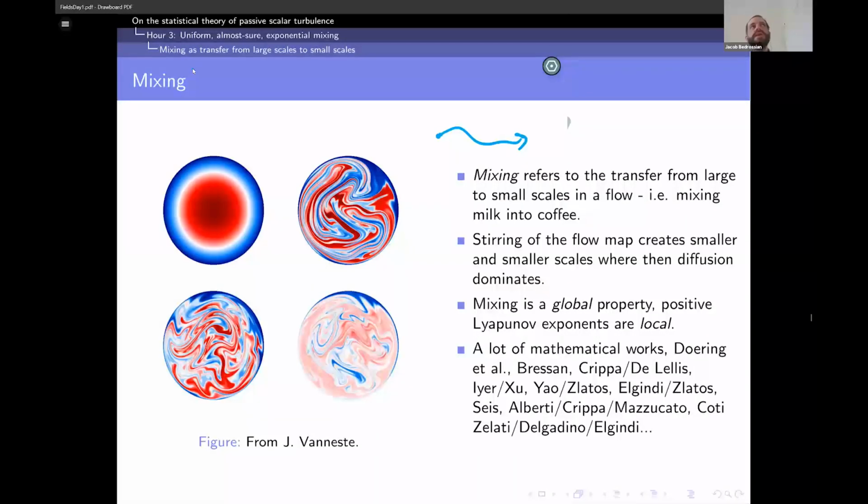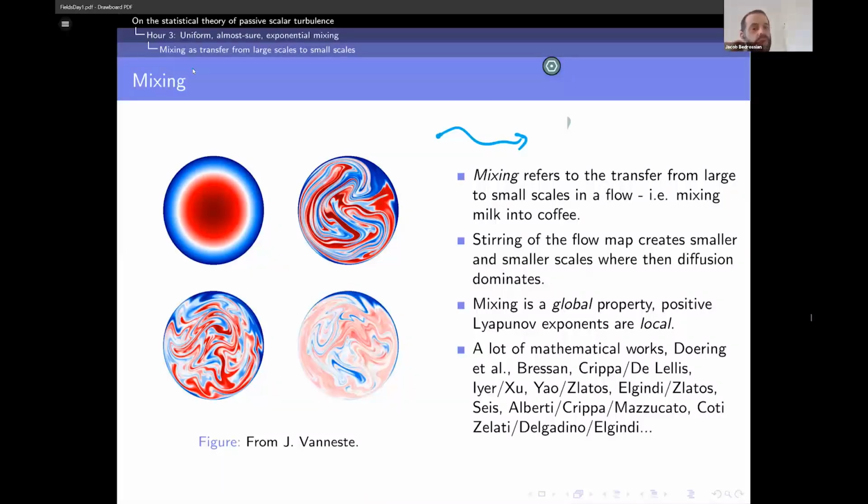Because the property we needed for the cat map was that it mapped Fourier modes. So it took something at scale lambda and mapped it to lambda squared, where lambda is some number bigger than 1. So it was a geometrically fast increase of frequency as a function of time. And that's what we need. That's actually what we're going to need.